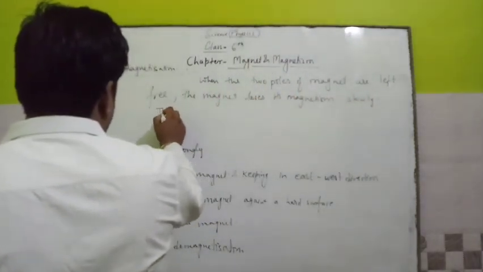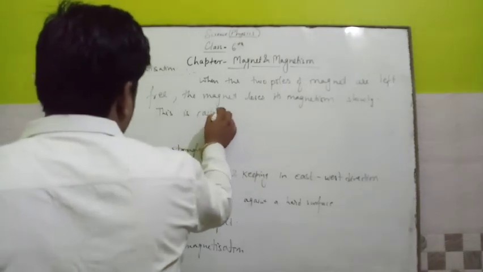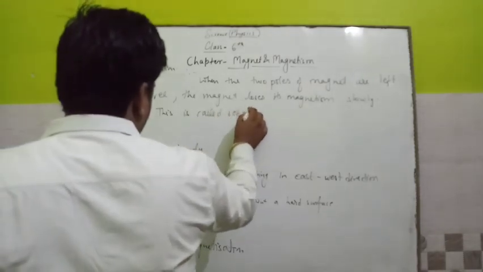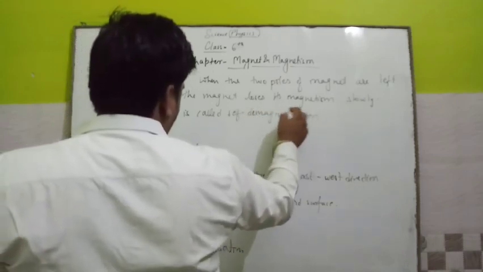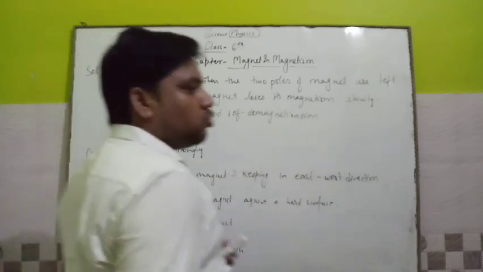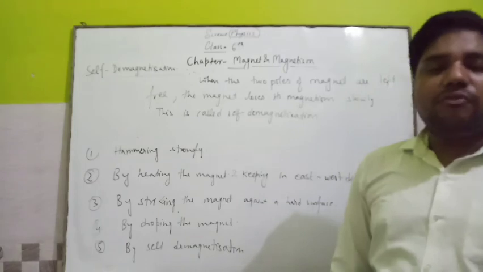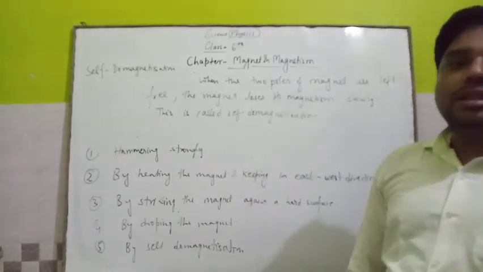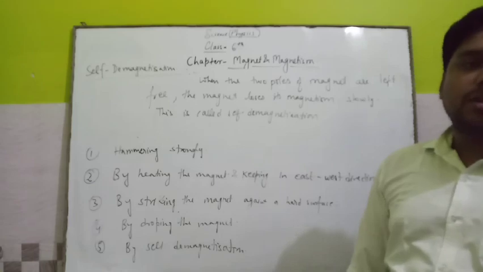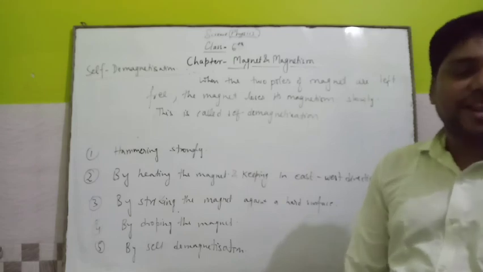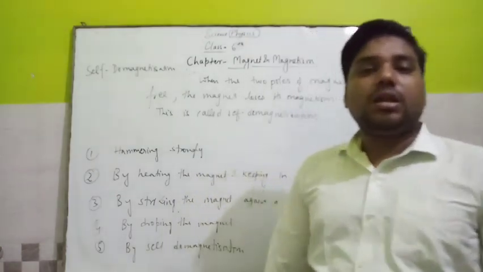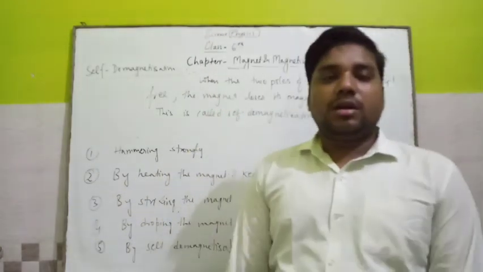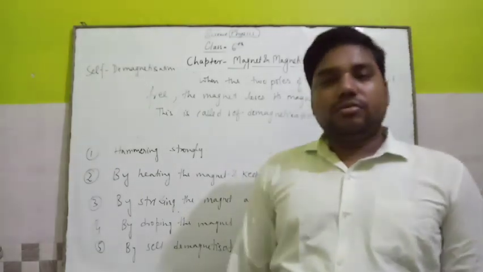This is called self demagnetization. Means when the two poles of the magnets are left free, the magnets lose their magnetism slowly, and this process is known as self demagnetization. Clear?